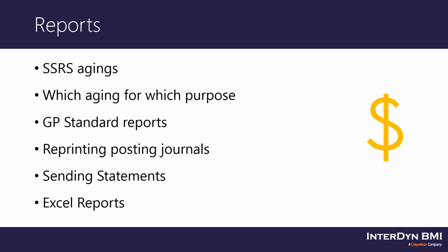And can standard GP reports export to Excel? What alternatives do I have? So SSRS reports and agings, we're going to look at those. Which aging do I use for which purpose? GP standard reports, reprinting posting journals, sending statements, which we looked at pretty much already, and then Excel reports.